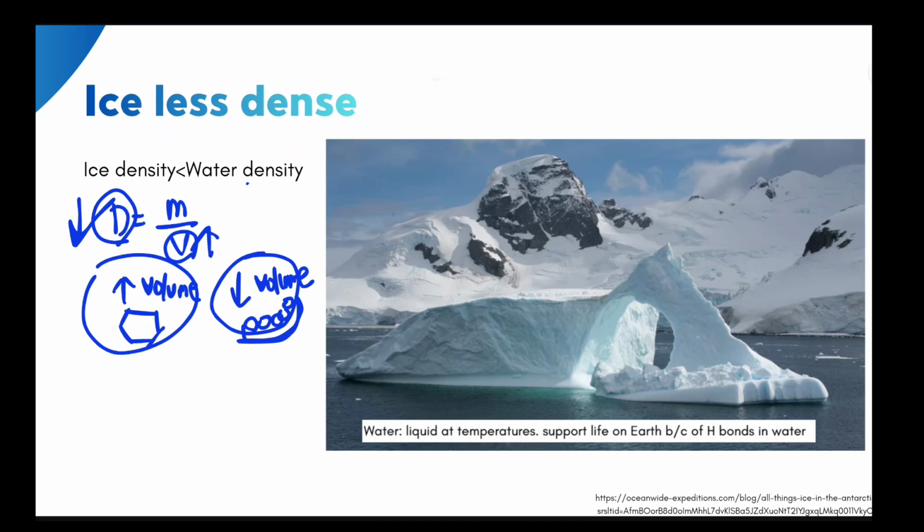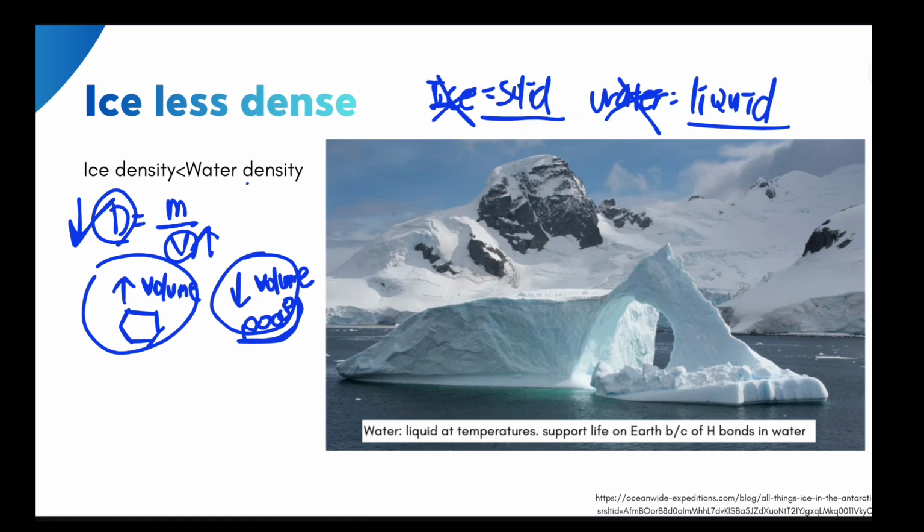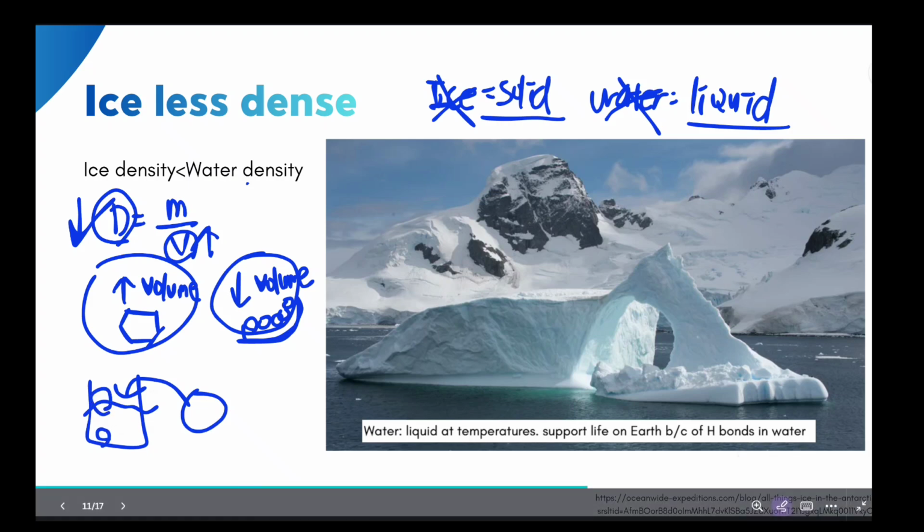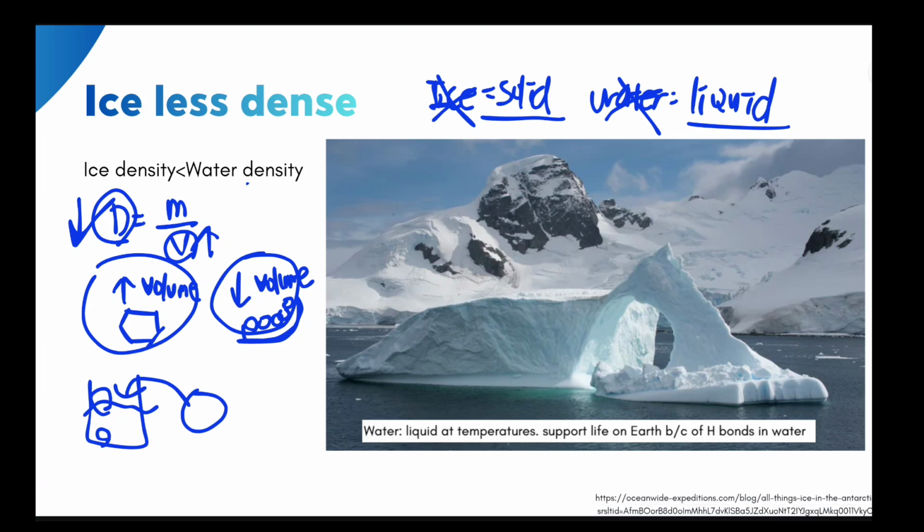First, ice is solid, and water is liquid. If you don't consider ice or water and just think of solid and liquid, for example, if you put a pebble inside the water, would it float or sink? Of course it would sink because a pebble has a higher density than water.